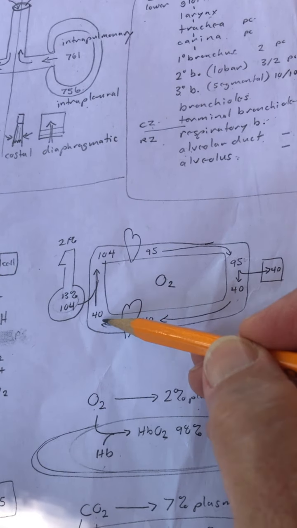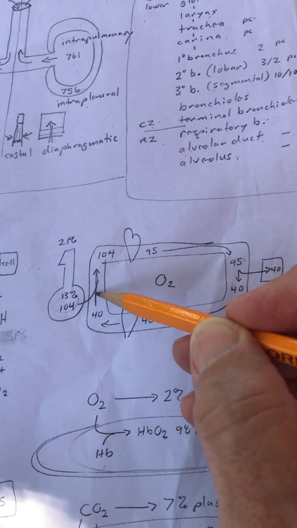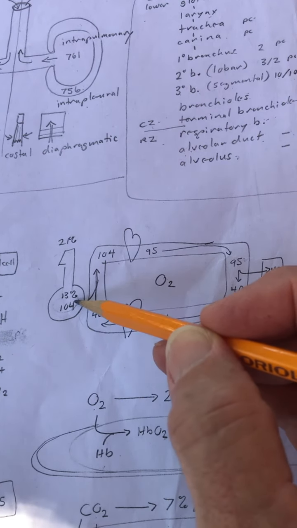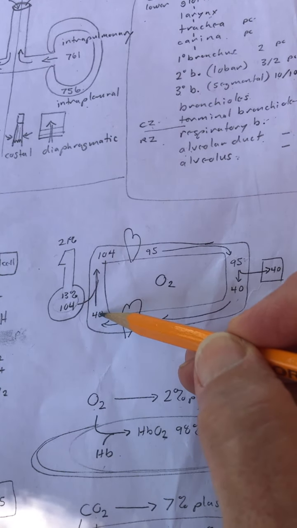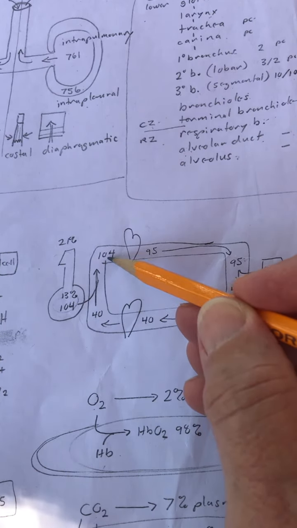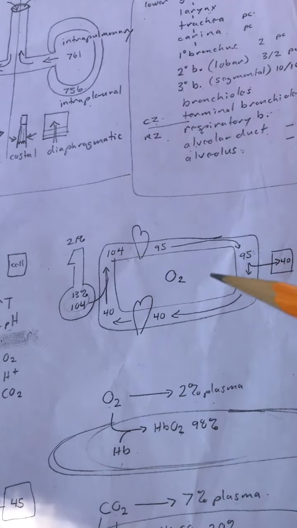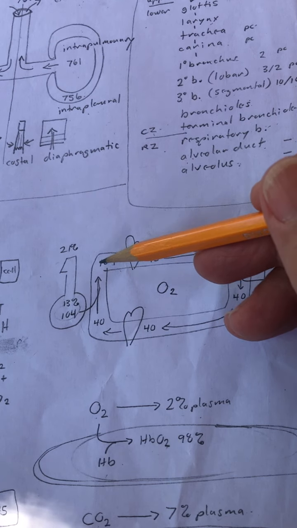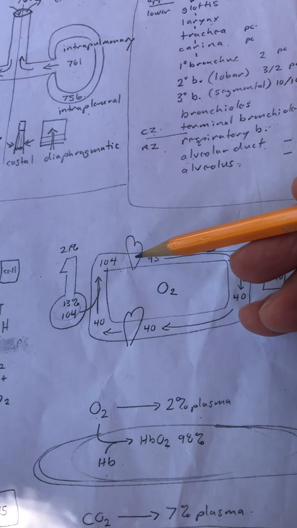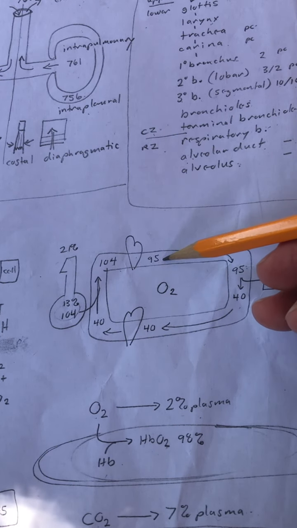Because 104 is greater than 40, as this deoxygenated blood, so to speak, comes by the airspace, the oxygen diffuses from higher concentration to lower concentration. You kind of top this thing off, and now the blood is coming around with approximately 104 units of oxygen inside.